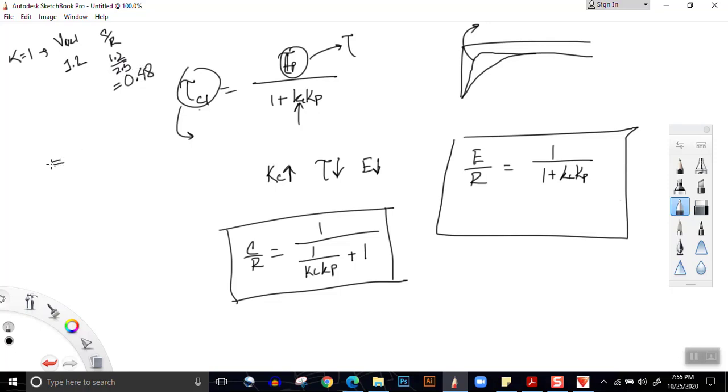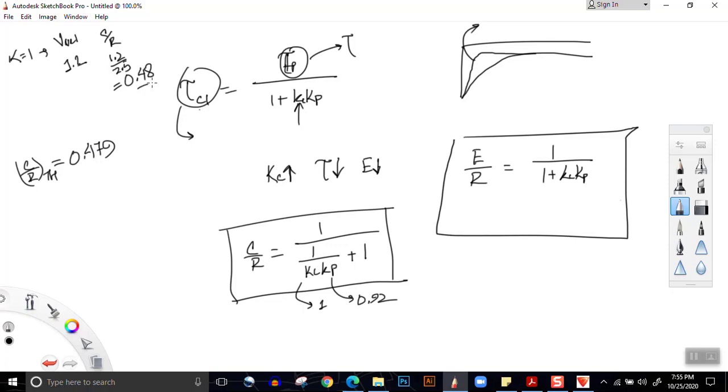According to theory, C by R should have been 1 divided by 1 plus Kc Kp, where Kc is equal to 1 and Kp is equal to 0.92, so 1 divided by 0.92 plus 1. We make the calculation by calculator. It should be 0.479.